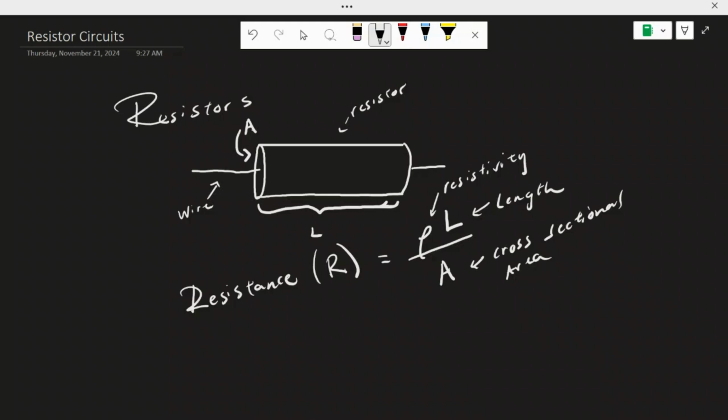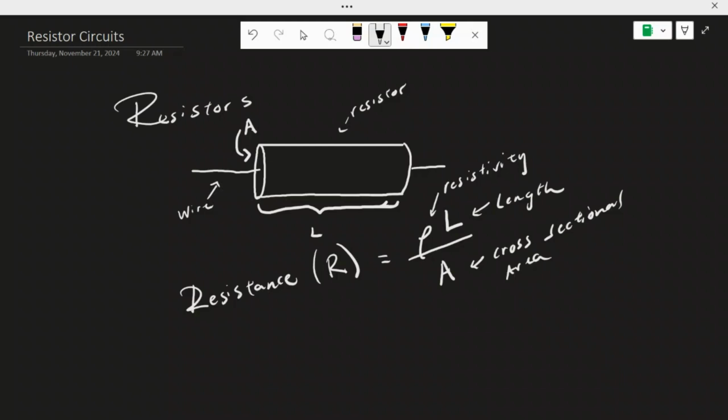So if you think about it, you can see that if you have to move through the material a distance L, and your resistivity is how difficult it is for stuff to move through, you can multiply the resistivity by the length L to get a measure of how difficult it is to move through that length.